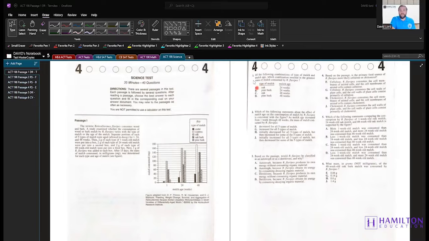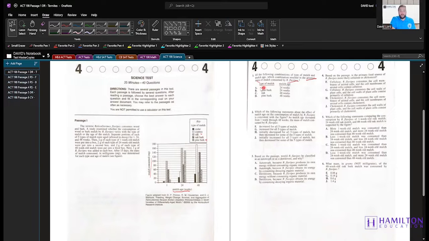Question 1. Of the following combinations of types of mulch and mulch age, which combination resulted in the greatest mass consumed by the R. flappies? Well, looking at this, I can see mulch consumed is the y-axis, and I can see mulch age is here. And I notice that there's a key, and there's oak and pine bark.